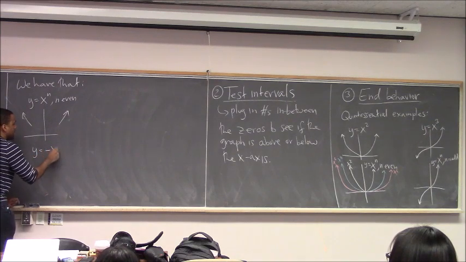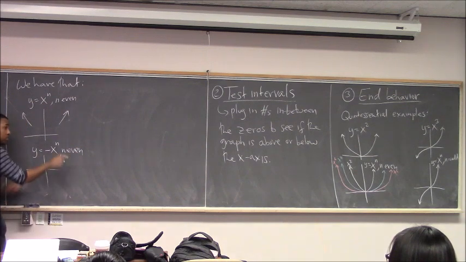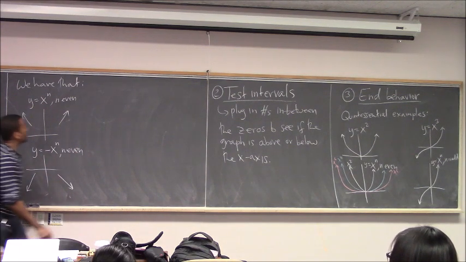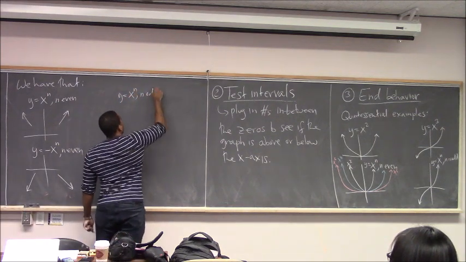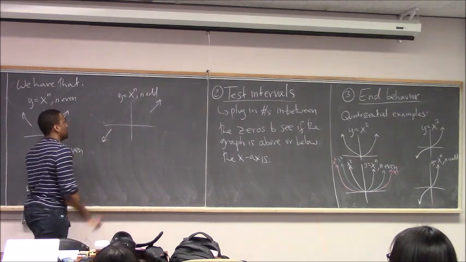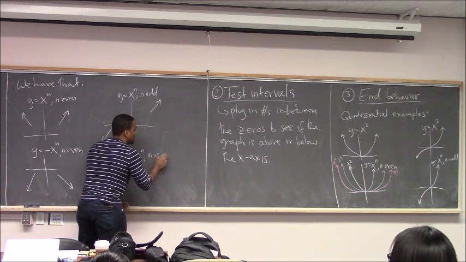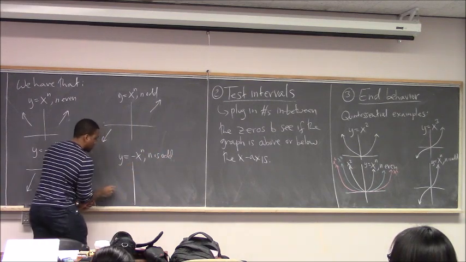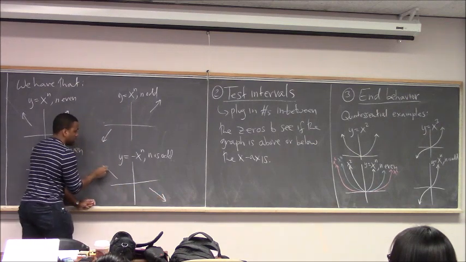If you have the negative of x to the n, where n is even, you expect a flip in the horizontal, so you would expect both sides to go down. If you have y equals x to the n, n odd, you expect one side to go up, the other side to go down. Whereas if you have y equals minus x to the n, n odd, then you'd expect the opposite to happen. The right side to go down and the left side to go up.